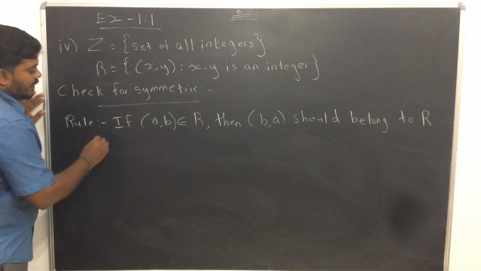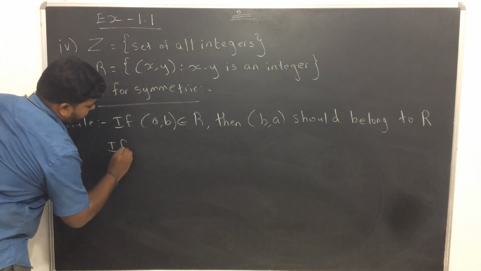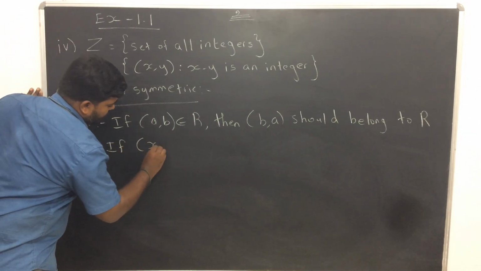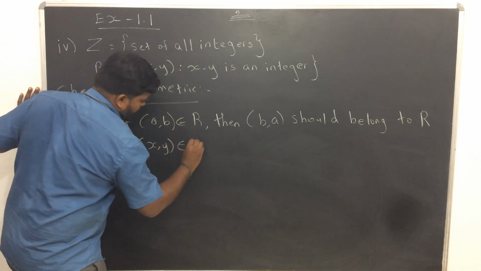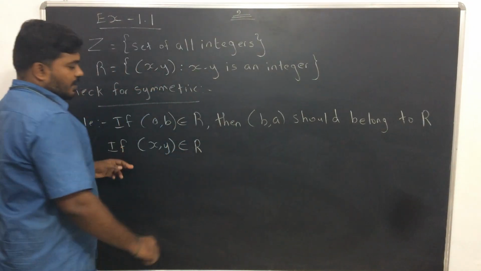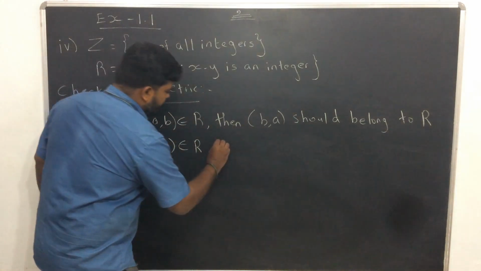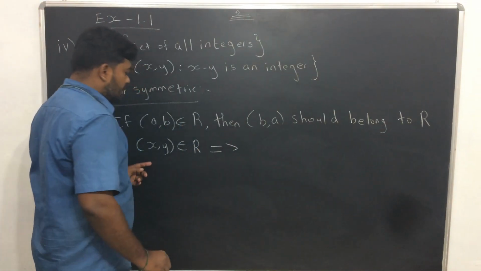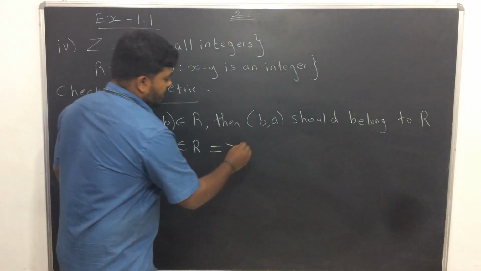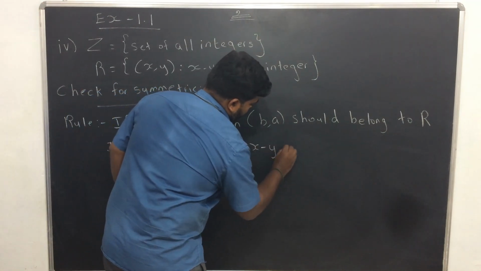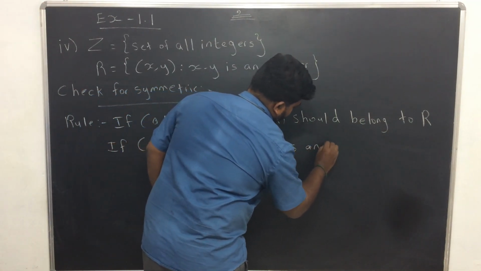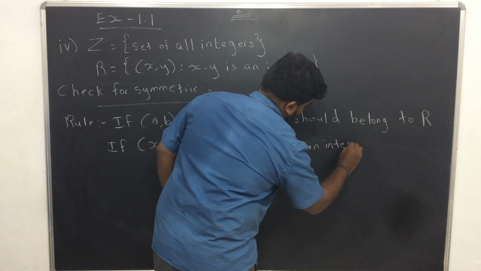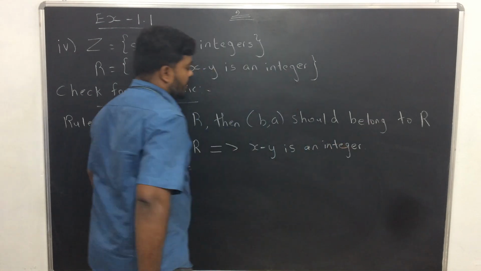Now, in this case, let me assume that (x, y) belongs to R. What does it imply? It implies that x minus y is an integer. Okay.